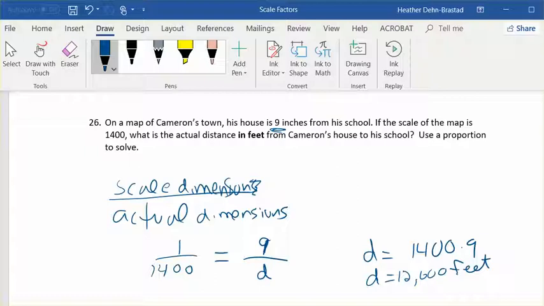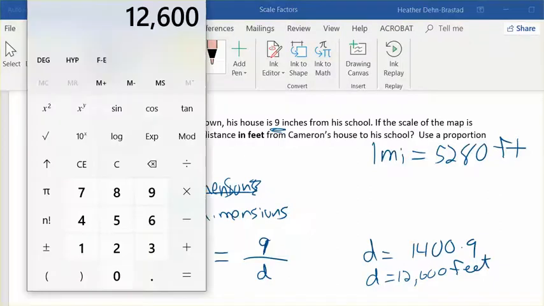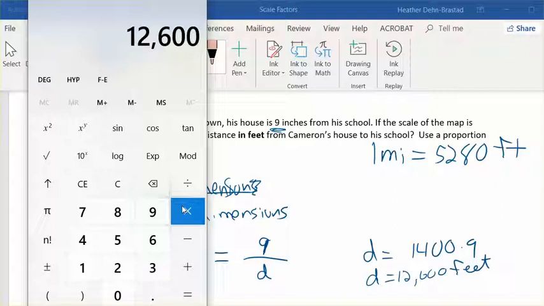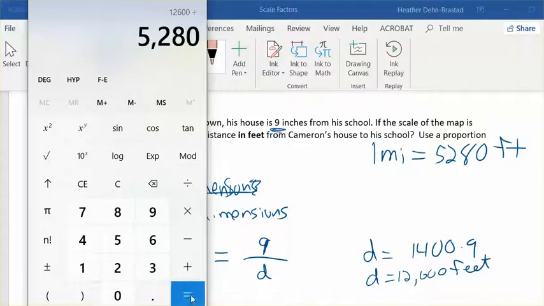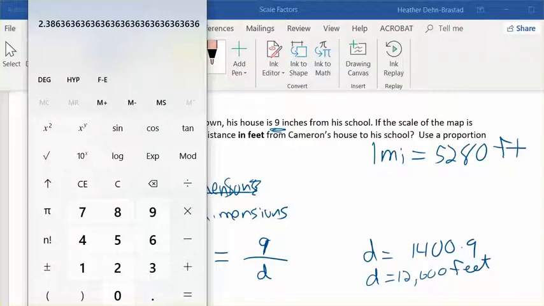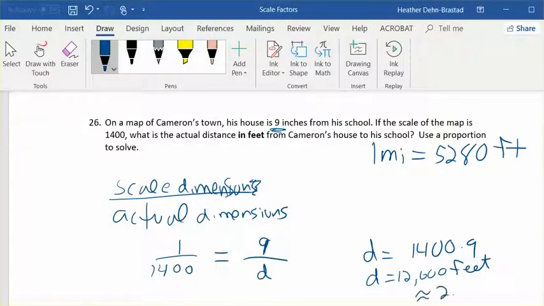So to change into miles, you don't have to do this part, but 1 mile is equal to 5,280 feet. Which means that if I want to change this into miles, I would need to divide that by 5,280. So divide by 5,280, and it's about 2.4 miles. Just to kind of put it in perspective, we usually think more in miles than in 12,600 feet. It's hard to picture.